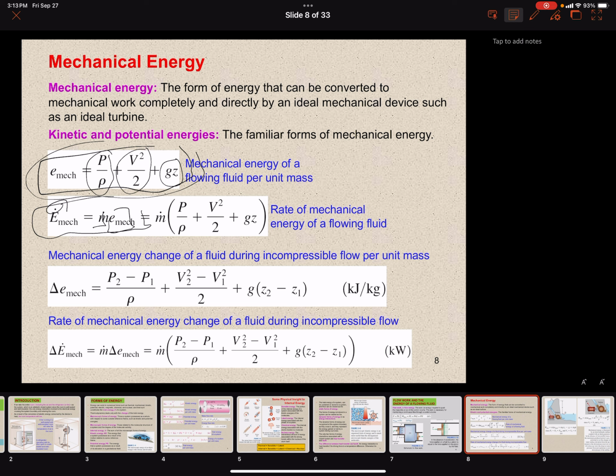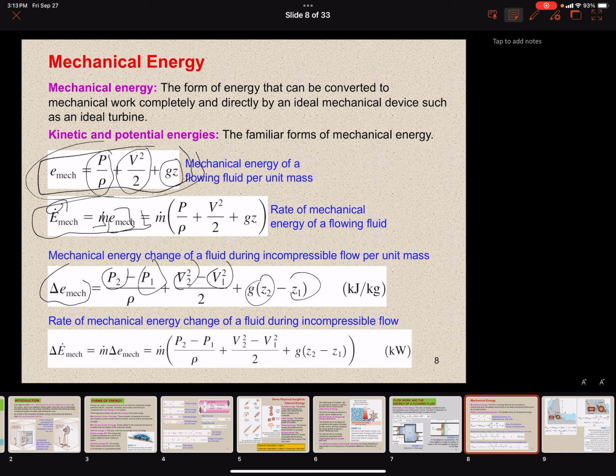And this will be the difference, or the change of the mechanical energy, where you take the final minus the initial.